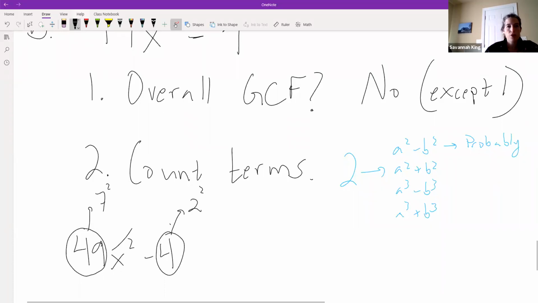So every single thing in this problem, the x to the second power, the 49 and the 4, all of those are something to the second power, which means that this formula that we said probably is looking more and more likely. In order to get it to work out, though, we need to do a little bit of extra work here.